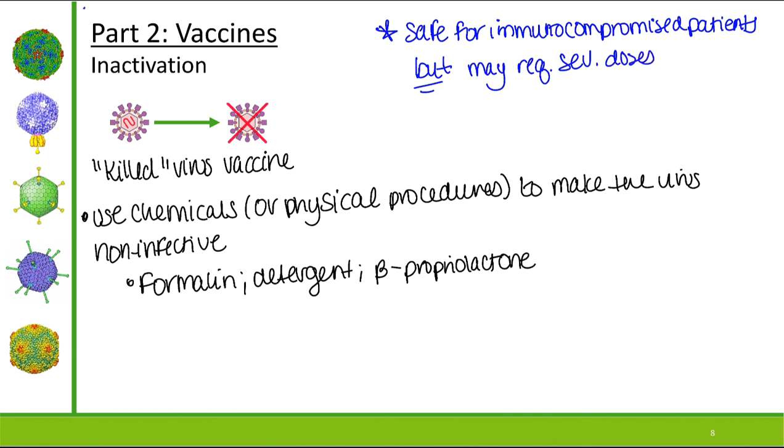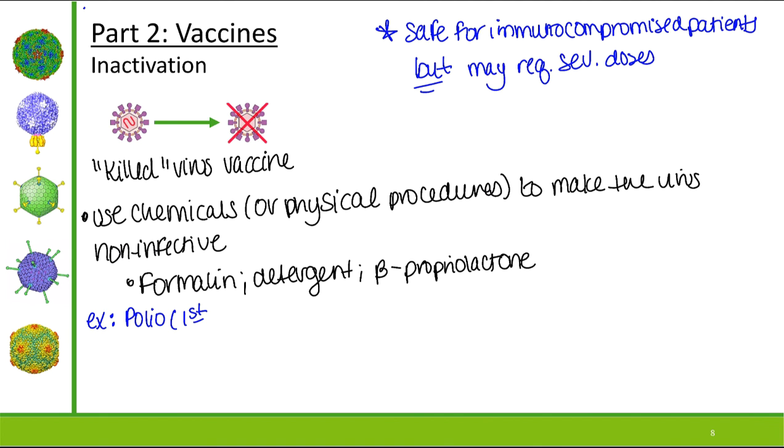So while for an attenuated vaccine, you mount a stronger response, you typically do not need several doses. When it comes to inactivated vaccines, you will actually require several doses to get to the same amount of memory and immunity. And there's a couple of examples, and one of them is polio.